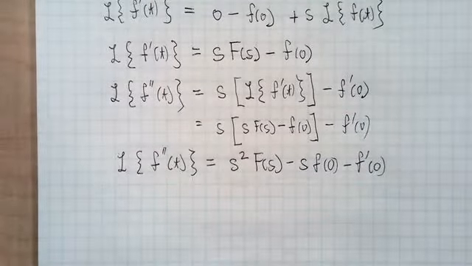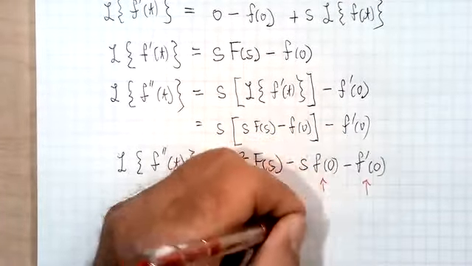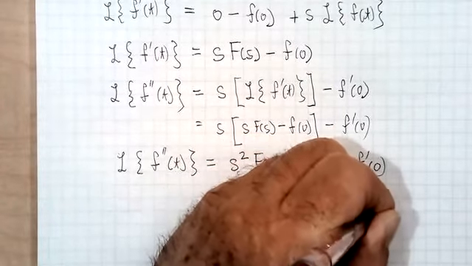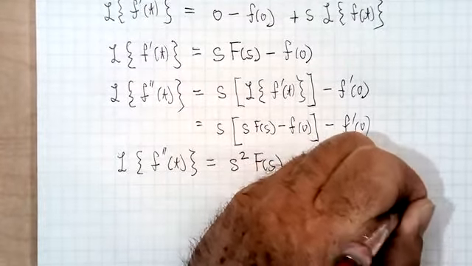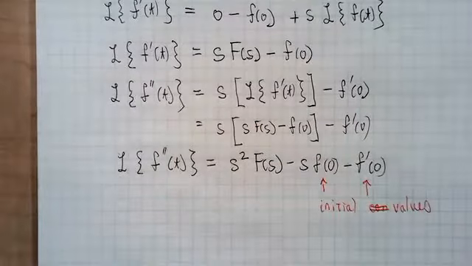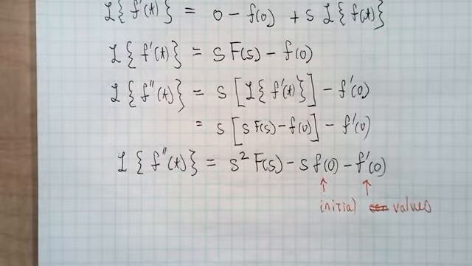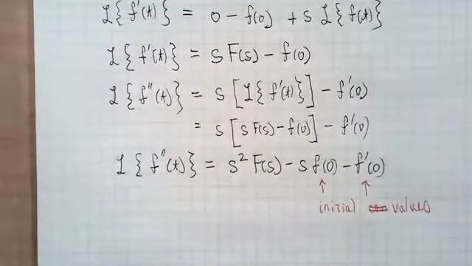And these things right here, f at 0, f prime at 0, these are your initial conditions, or initial values. When you have an initial value problem, you have an ODE, and furthermore you know the value of the function and the value of its first derivative, typically at 0. So it's just set up perfectly for that.